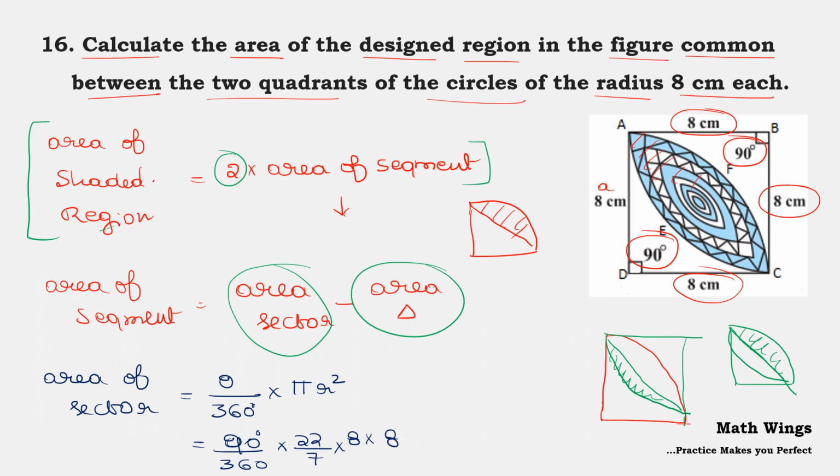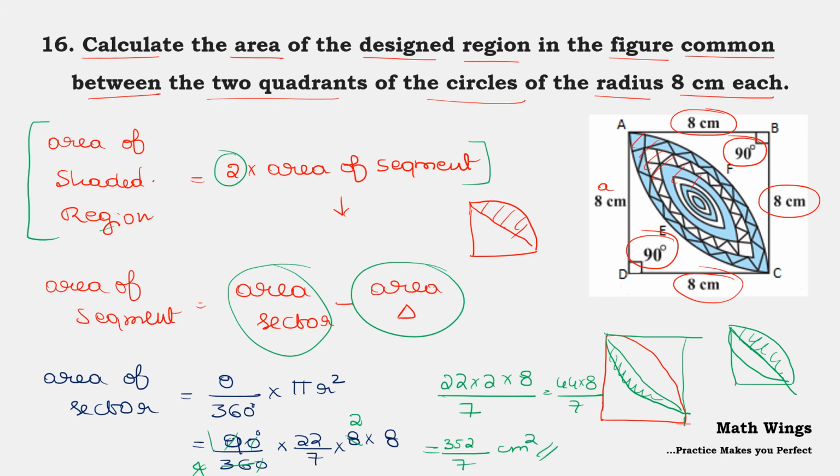On simplification, the zeros cancel, 9 ones are 9, 9 fours are 36, so 4 ones are 4, 4 twos are 8. When I multiply this, I will get 22 into 2 into 8 divided by 7. So it is 44 into 8 by 7. The answer here is 352 by 7 centimeter square.